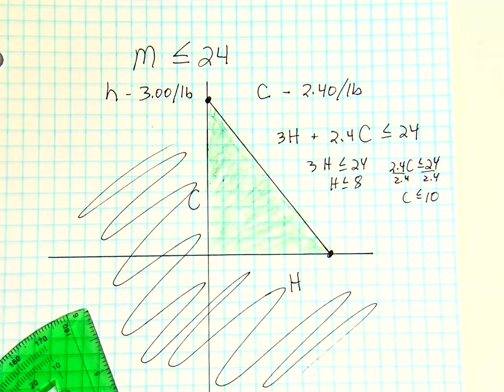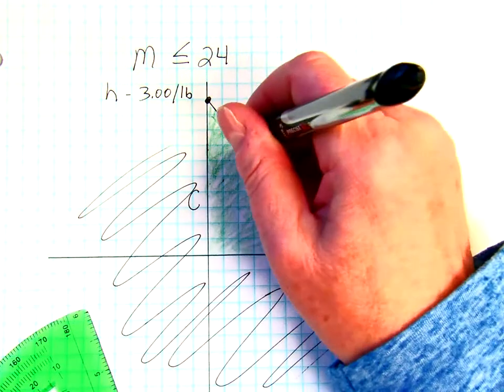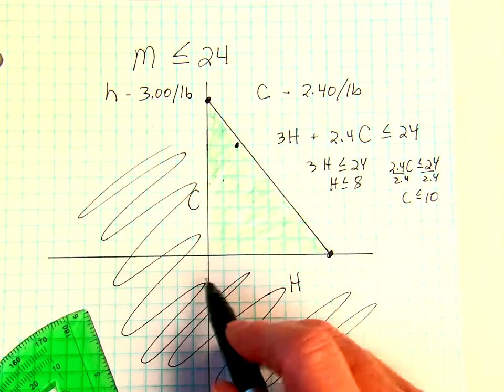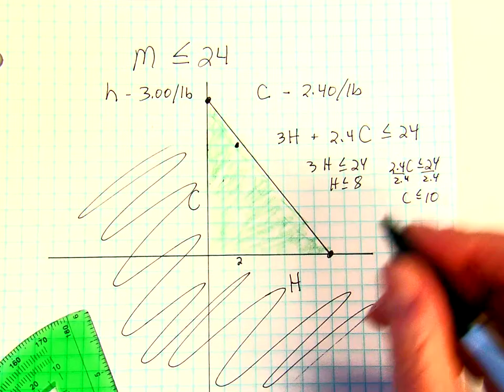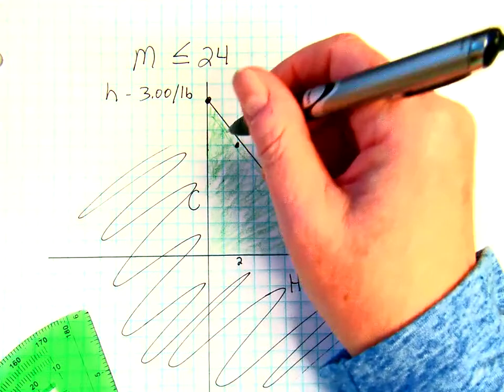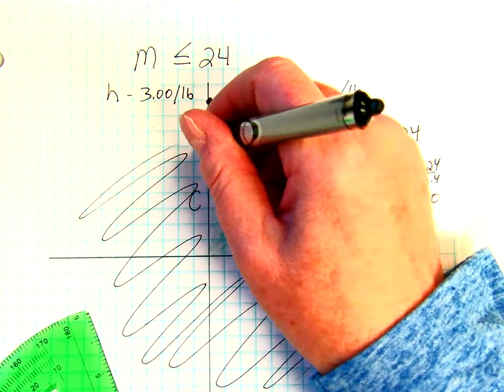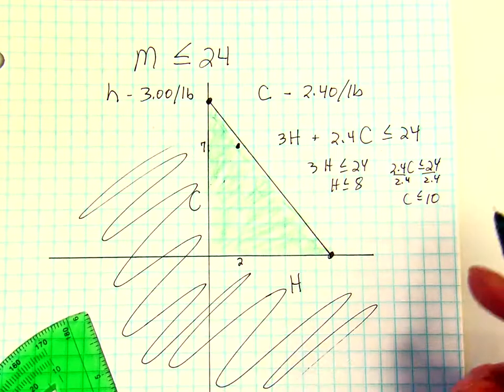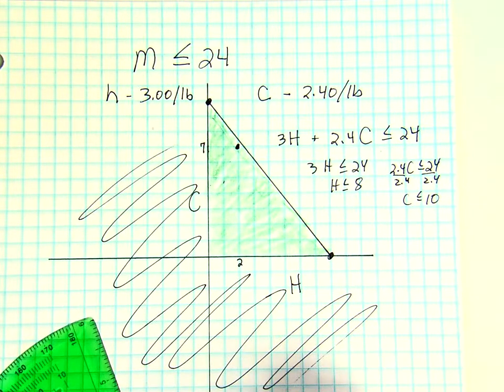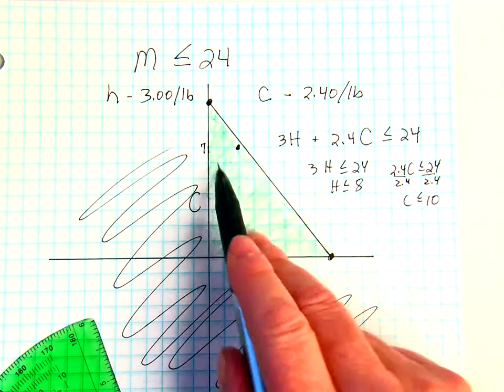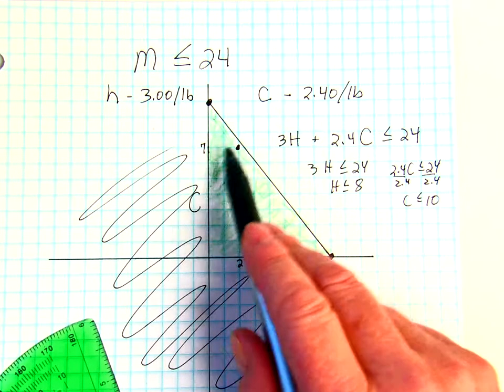So let's say I pick this point right here. So this is 2 pounds of hamburger and 1, 2, 3, 4, 5, 6, 7, and 7 pounds of chicken. So 2 pounds of hamburger is $6 plus 7 pounds of chicken.